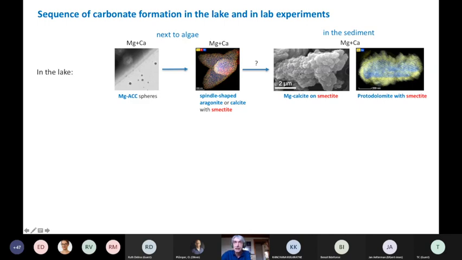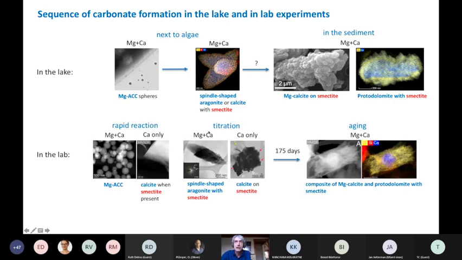We don't exactly know what's happening here, but since we never observed these things only next to algae, we think it happens very fast, that it crystallizes into this aggregate-looking single-crystal calcite. Protodolomite is a minor phase in the lake. Now, we actually recreated the whole thing in the laboratory, because if you do the reaction rapidly, you end up with the same magnesium ACC.